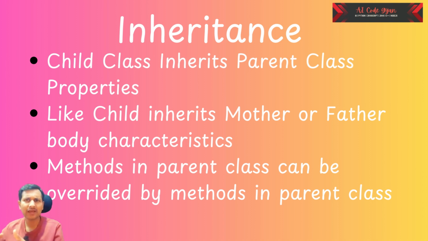We can have rectangles, we can have squares, so we can inherit the same property of shape, and also we can override the methods area and circumference to make sure that properties are inherited properly. So now let us do hands-on to understand it more.